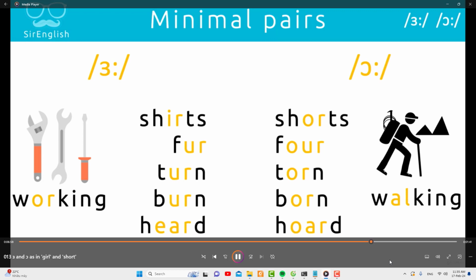Turn, torn. Burn, born. Herd, horde. Working, walking.